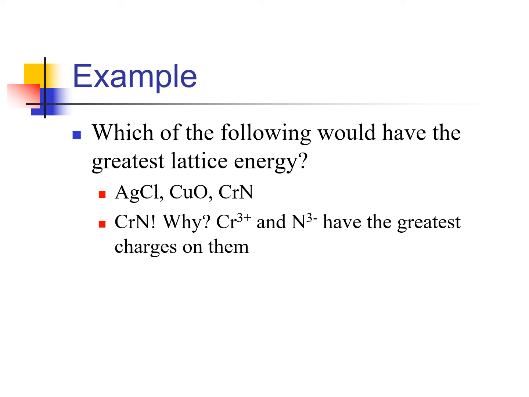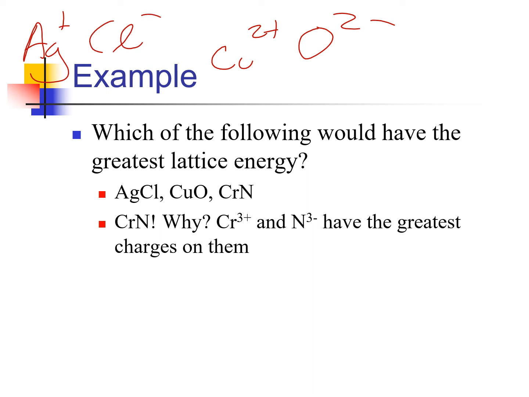Huge charge differential there. Copper would be a Cu2+, oxide's always a 2-, and in silver chloride, silver's always a +1, chloride's always a 1-. So just simply based off the charges, we should expect chromium(III) nitride to have the greatest lattice energy, and it does by a pretty wide amount.